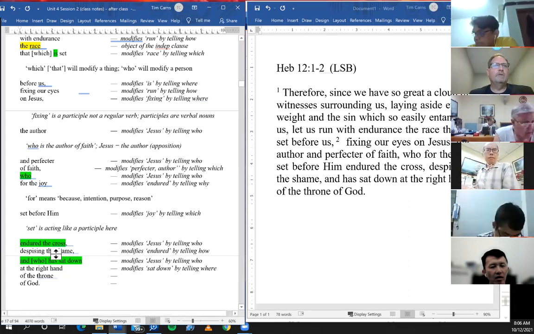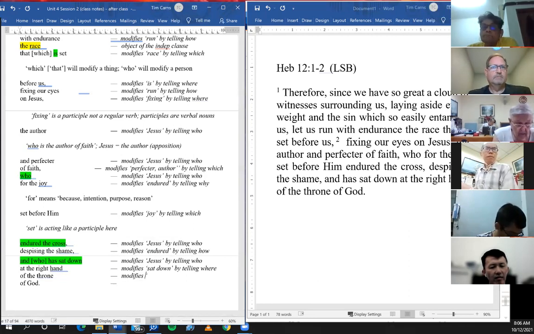Yes, good. At normally describes a location. All right. Okay, of the throne. Modifying again, at the right hand of the throne. Yeah. Which side of the throne? I mean, telling us.